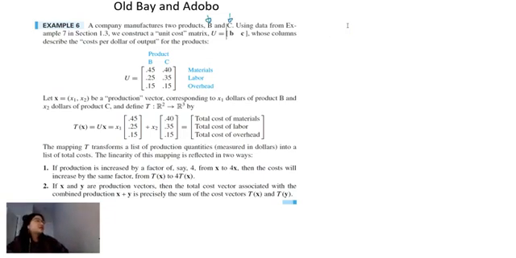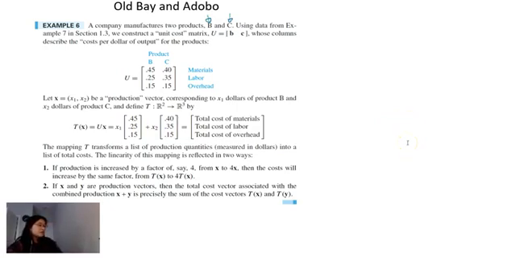So, if you remember that we were talking about unit cost of things, where we had materials, labor, and overhead that were represented for two different products for this company that's manufacturing stuff, and thinking about the cost per dollar of output. And we have our production vectors, which we can now think about in terms of a transformation, a mapping.